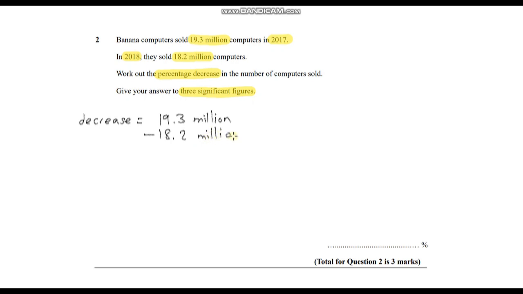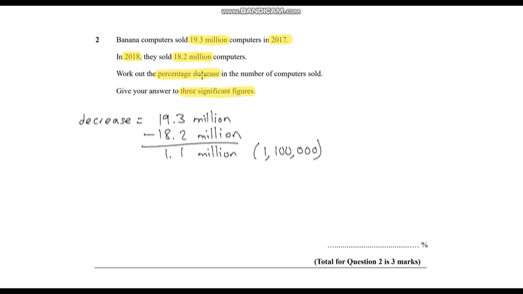That's going to be the difference. So I don't need a calculator for this. I can work that out as 1.1 million. Or if we were to write that out as a number, that would be 1,100,000. So that's how many fewer computers they sold in 2018.